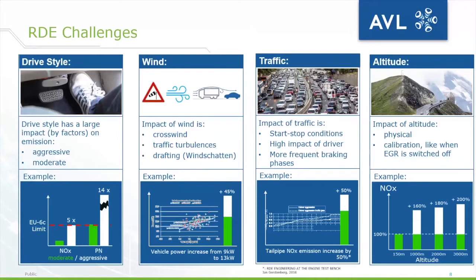And also the environment conditions, even the wind effect may result in different emission results. And when you go on the street, you never know what type of traffic you will be subjected to. And the altitude is also a very important factor that influences the fuel consumption, the ambient conditions that the engine is subjected to. This again results in a variety of results in the emission.